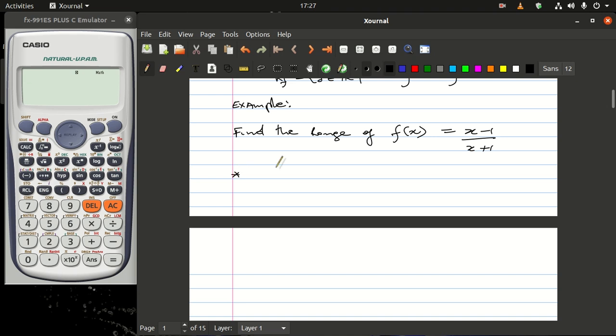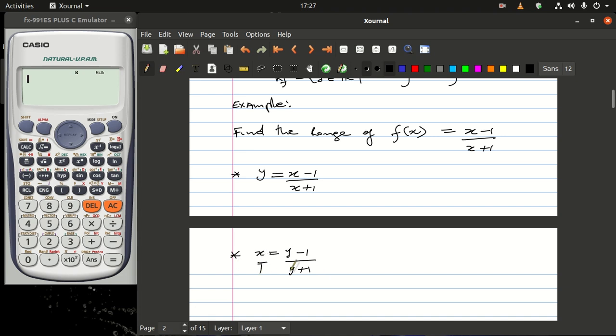So first step, we interchange x and y. In other words, you first rewrite this as y is equal to x minus 1 divided by x plus 1. And then you interchange it. Where there is y, I'm going to place an x, and where there is x, I'm going to place a y. So we're going to have x is equal to y minus 1 divided by y plus 1.